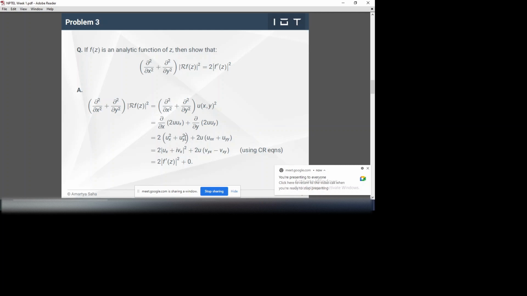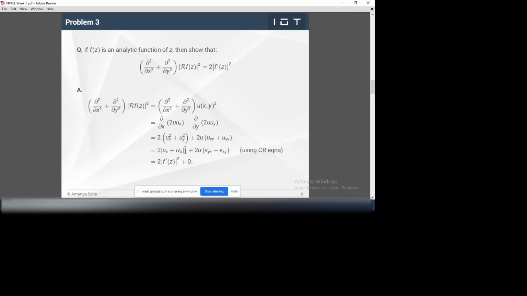Then we recognize this u_x squared plus u_y squared. From the Cauchy-Riemann equations, we know that u_y is minus v_x, so u_y squared is equal to v_x squared. That is what I have written here, directly with respect to the modulus.